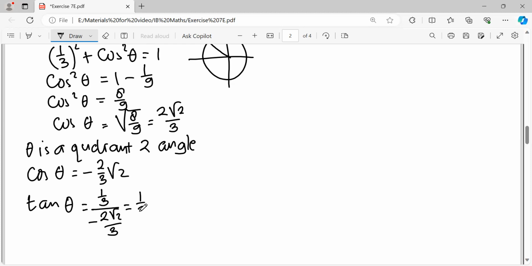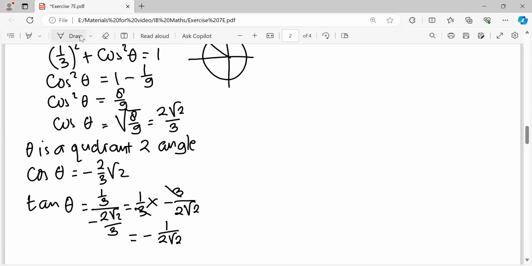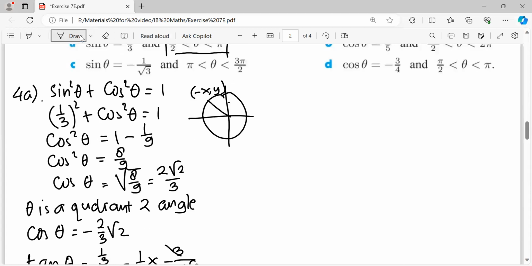So 1/3 times negative 3 over 2 square root 2. Cancel, and it's going to be negative 1 over 2 square root 2. Next, for the next question, 4B.